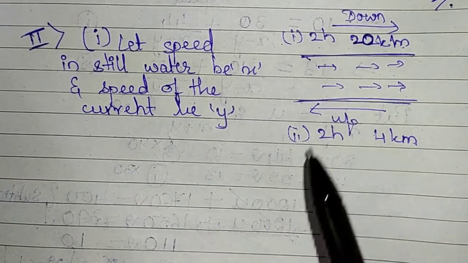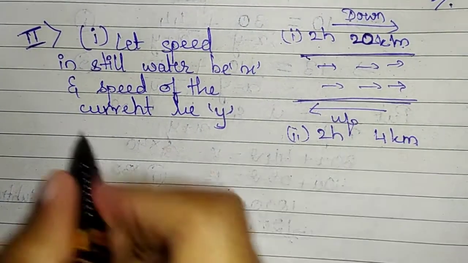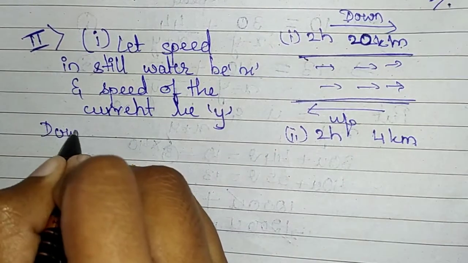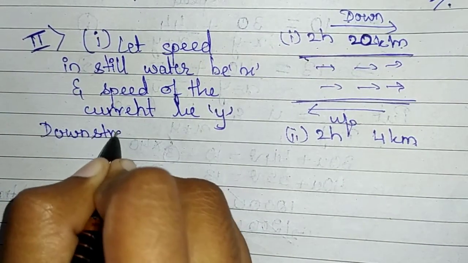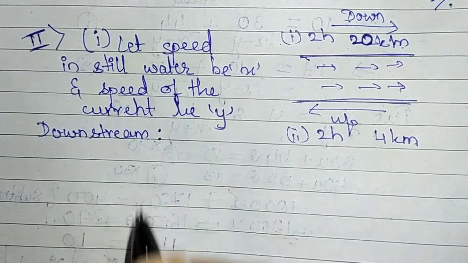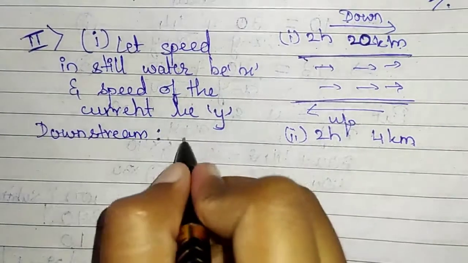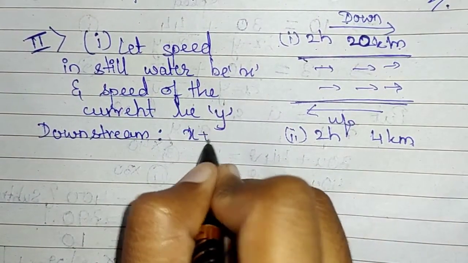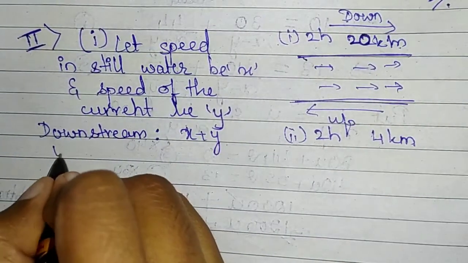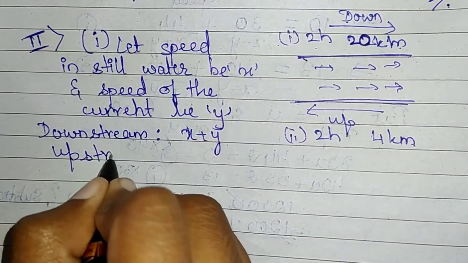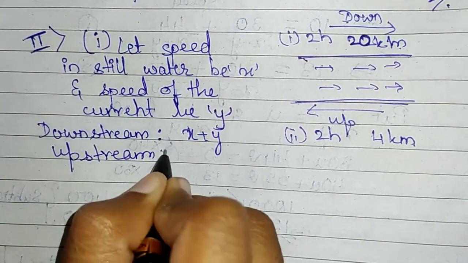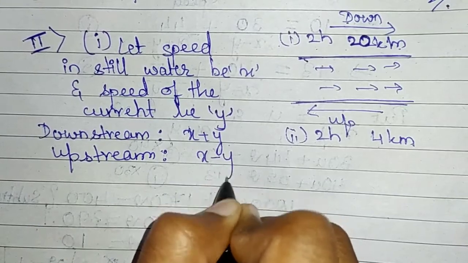One is downstream and the other is upstream. So we know that downstream the speed is x plus y. The speeds add up, and upstream the speeds subtract each other.